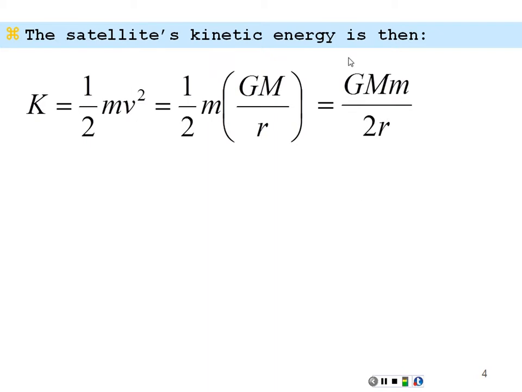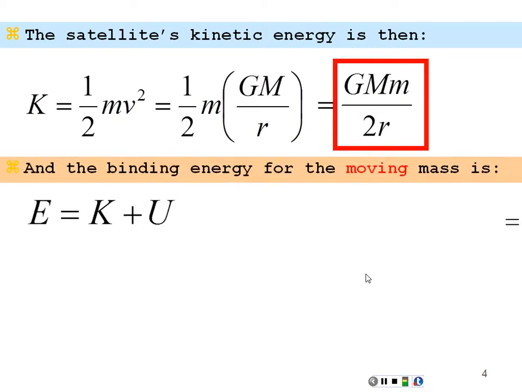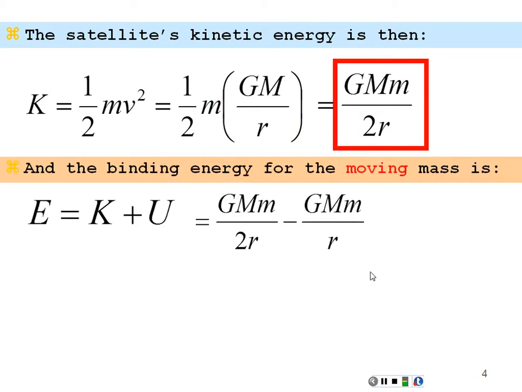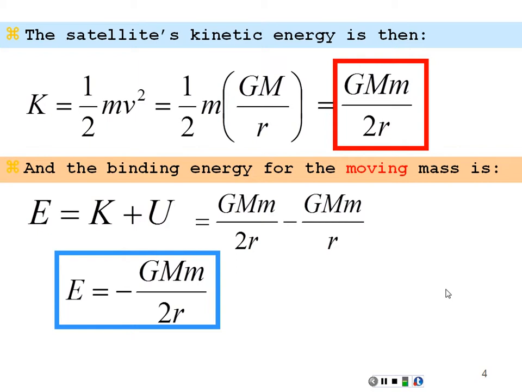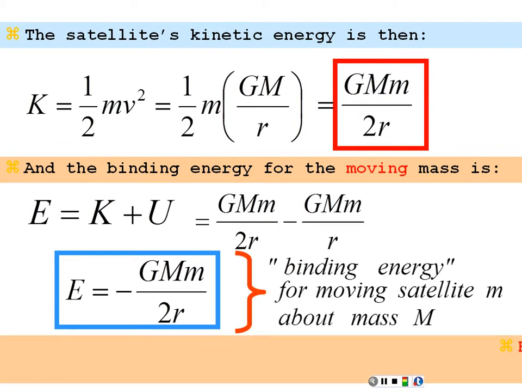That's our kinetic energy. Hence our total energy for the moving mass is its kinetic energy, GMm over 2r, plus its potential energy of binding, negative GMm over r at any particular point. This gives us a total energy of negative G, big M, little m over 2r, which is a binding energy that is half of what we had for a stationary object.